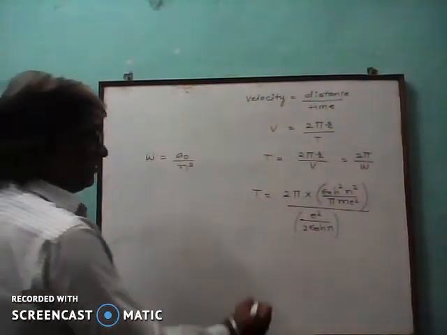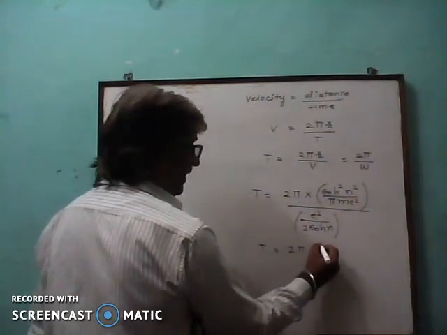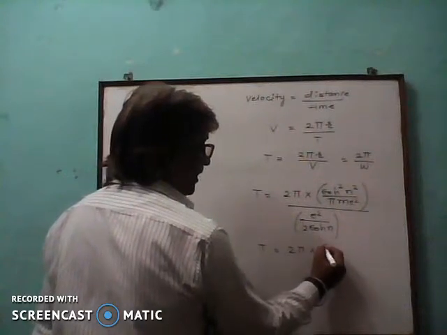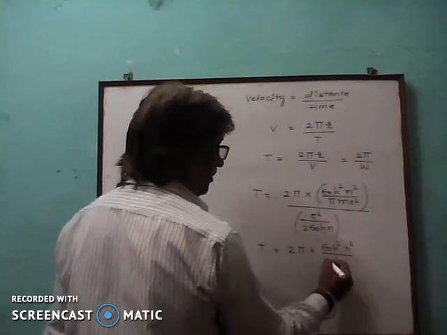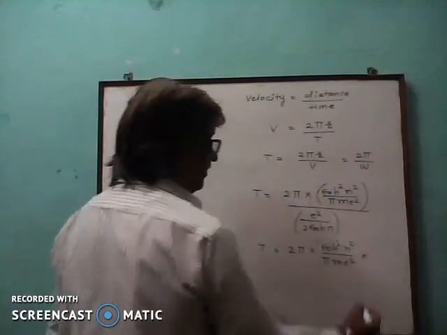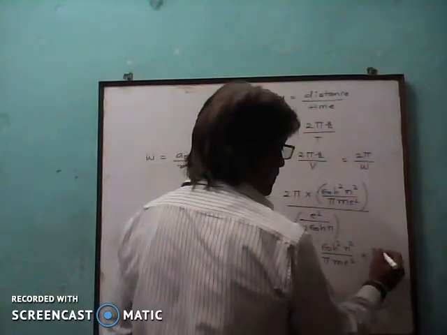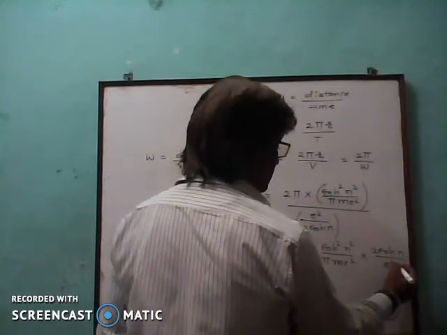If we rearrange the terms, time period is 2 pi into epsilon 0 h square n square upon pi m e square multiplied by 2 epsilon 0 h n upon e square.